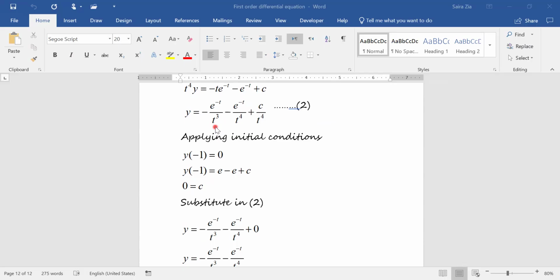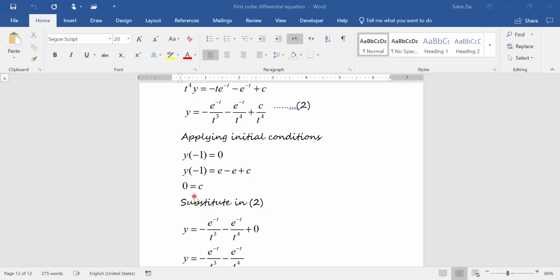Here also we get minus 1, but minus times minus 1 becomes plus 1. Here also plus 1, but here will be minus. On this side y is 0. So in the end the e's will cancel, plus e and minus e.